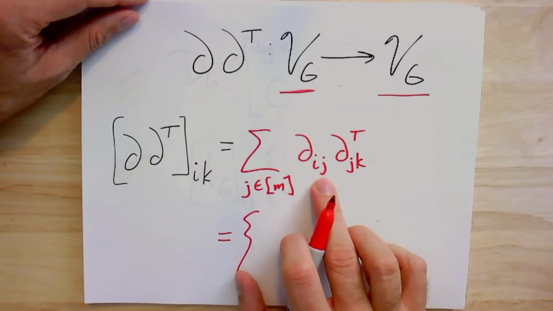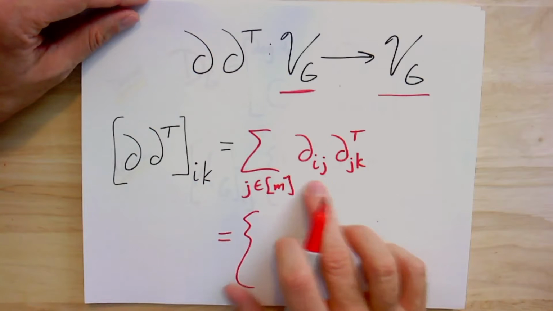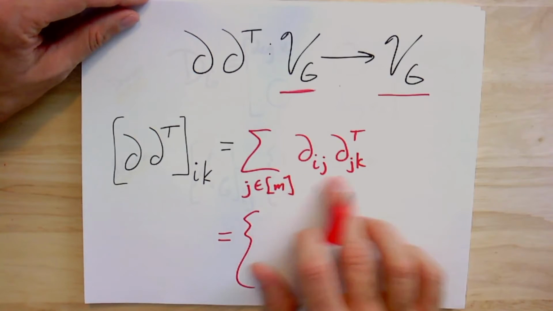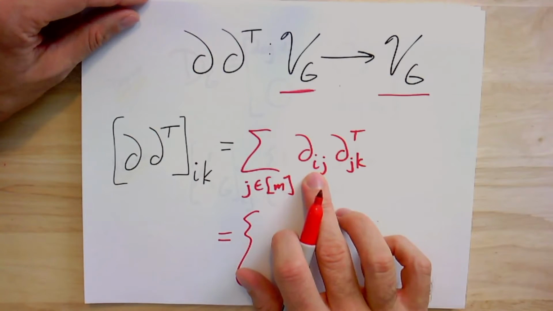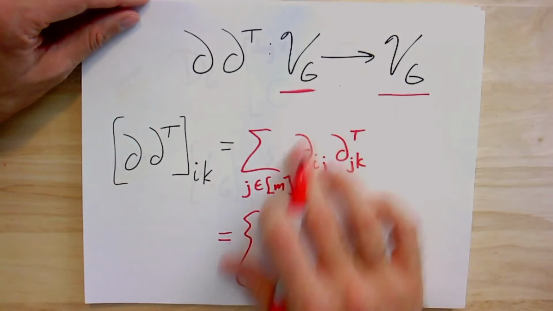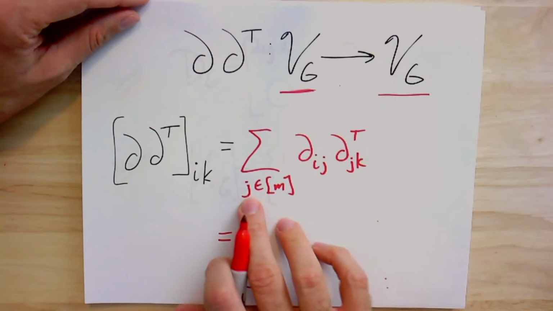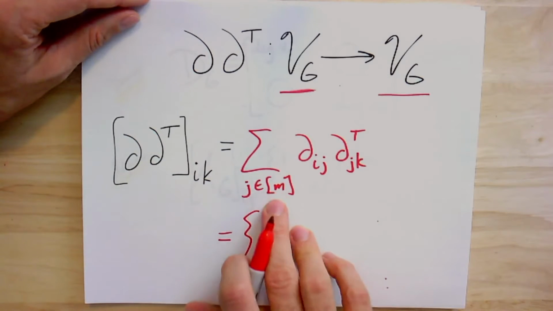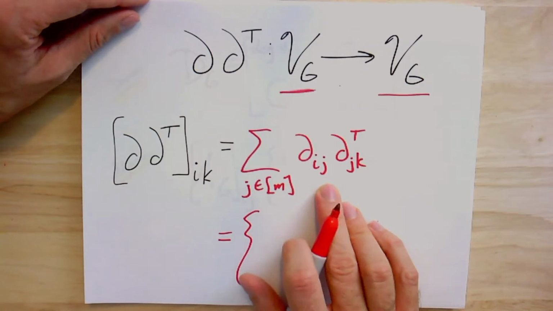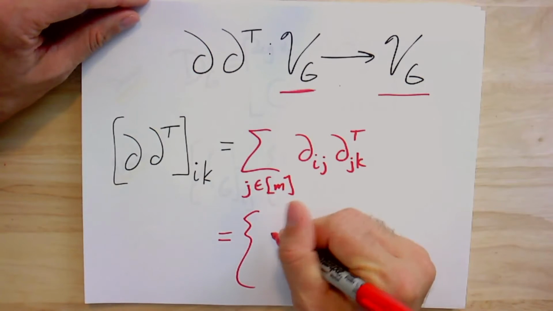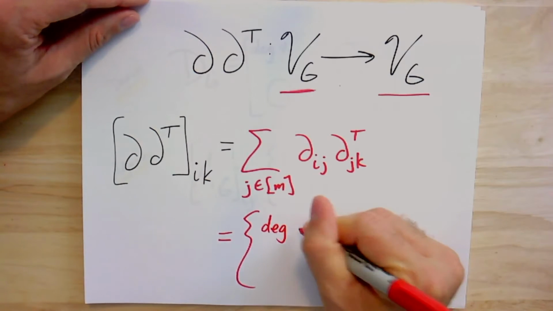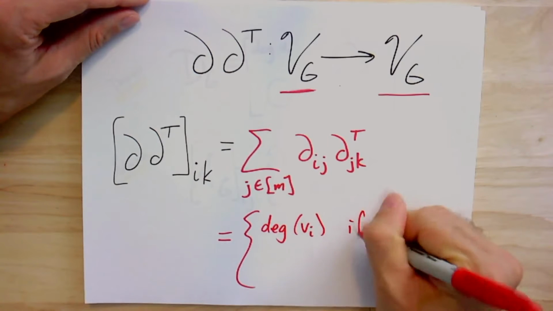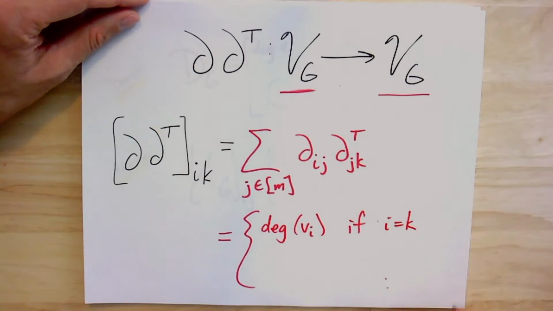So if I have a vertex i in an edge j, it'll be either a 1 or a -1, but in both cases I'll just get the square of that. So it'll count 1 for every edge that's incident to i. So if I just look at the case where i equals k, this sum is going to get 1 for every edge that's incident to i. And well, we have a name for that. That's going to be the degree of i.